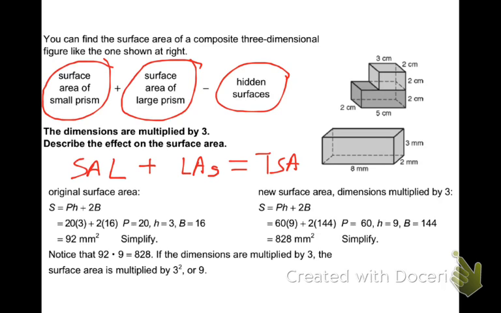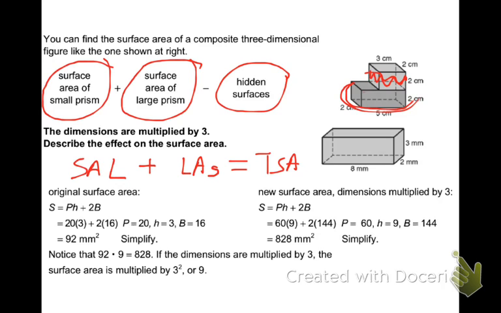Okay, so give me a sec here. I'll show you what it looks like on the box here, what I mean. So as you look at it here again, this big box, this area up here is going to be the same as the area down here. So I'm just finding the area of the big figure, and then I add the lateral area of the smaller one. And that would give me the total area.